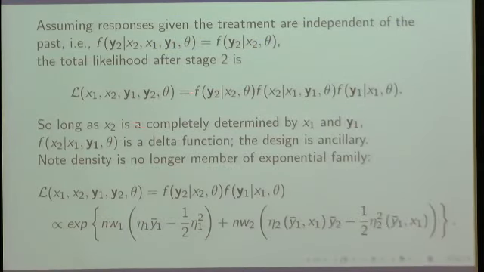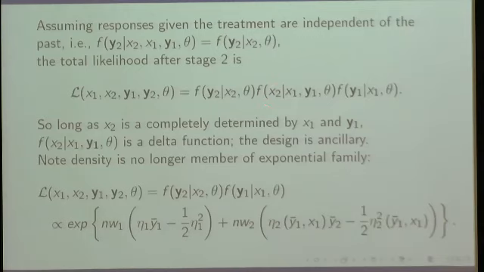So here's the likelihood, which is taken just by successive conditioning. We have all of these components. We take y2 given everything else, which reduces to this one. We have the stage 2 design given what's left, and then we have the stage 1 responses y1 given x1.